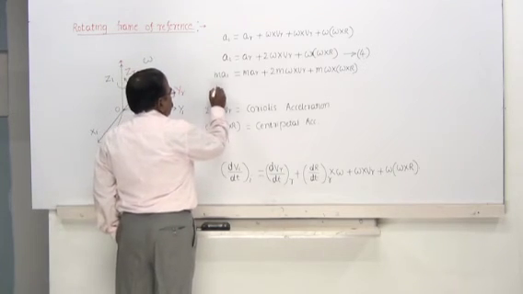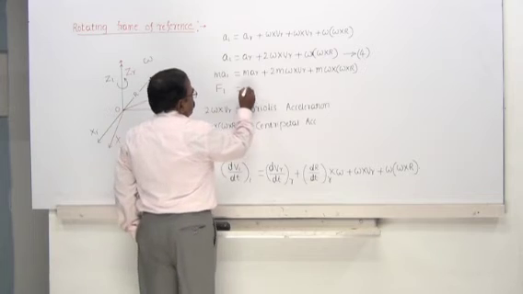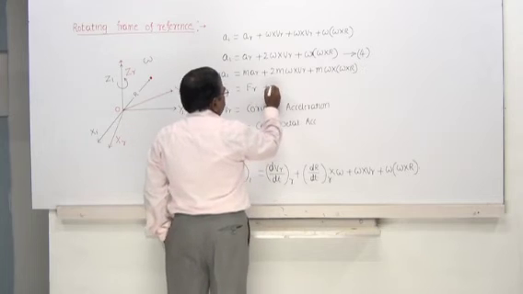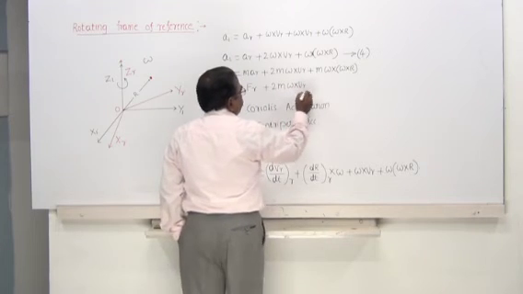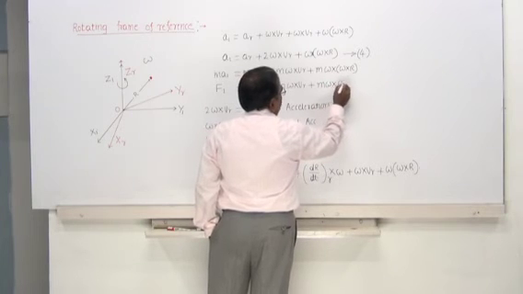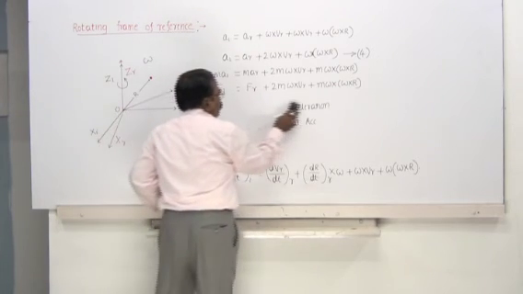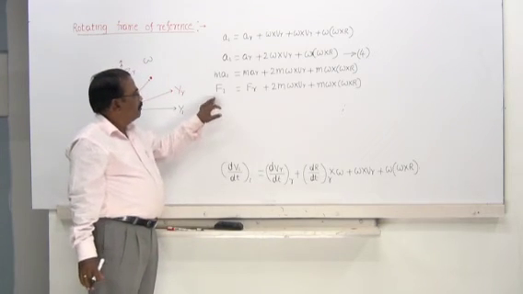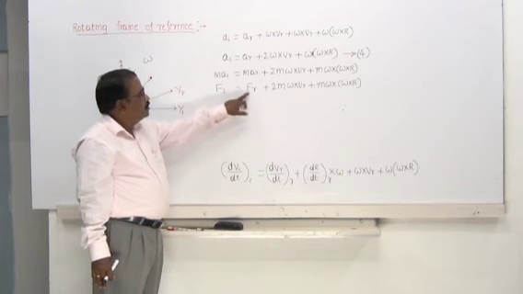So Fi equals Fr plus 2m omega into VR plus m omega into omega R. Fi is the force in the inertial frame of reference.